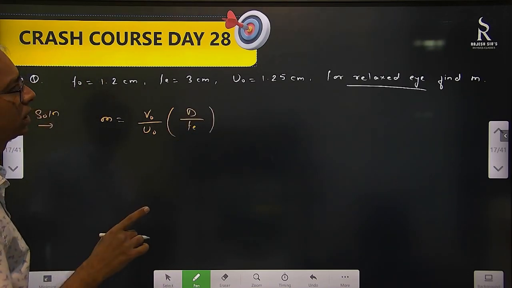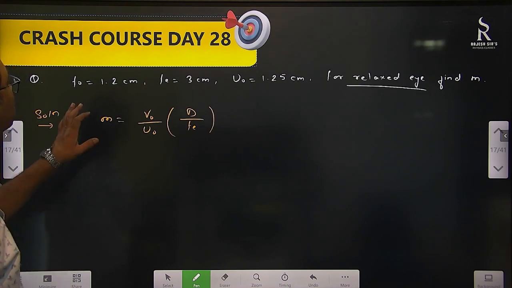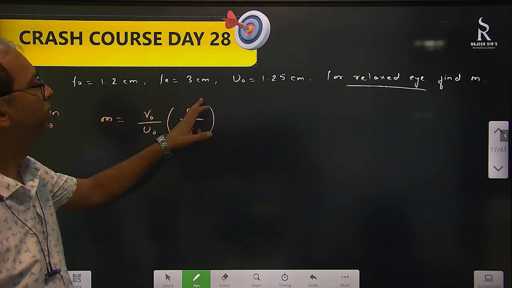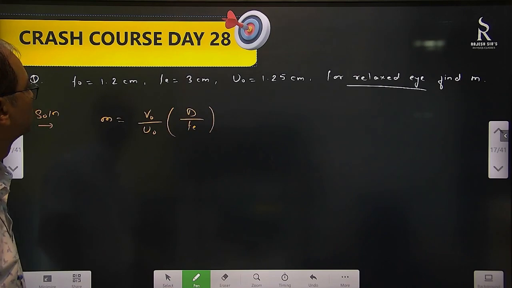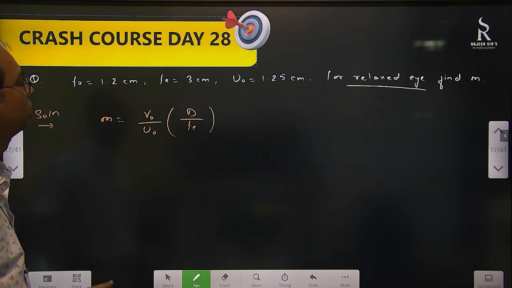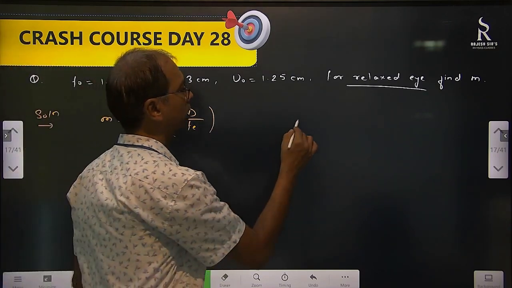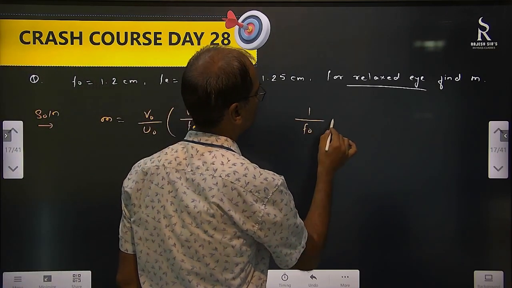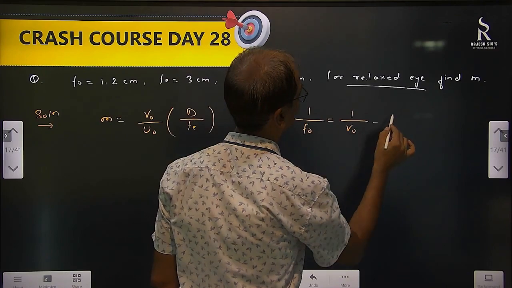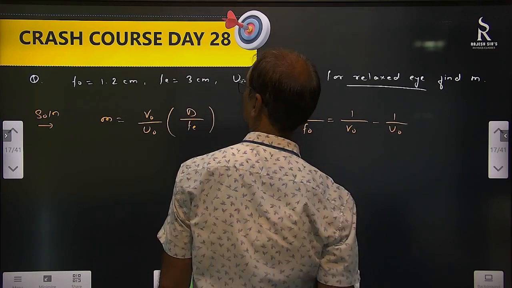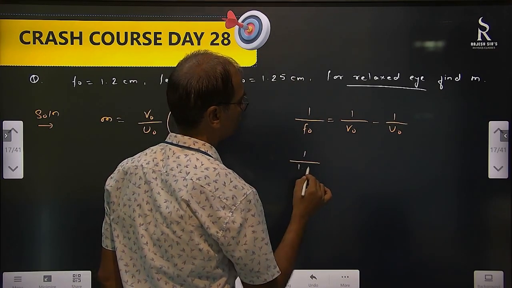What is he asking? M. And what is given? FO is given, FE is given, U naught is given. V naught is not given. So first we'll find V naught. U naught and FO are given anyhow. So 1 by FO equals 1 by VO minus 1 by U.